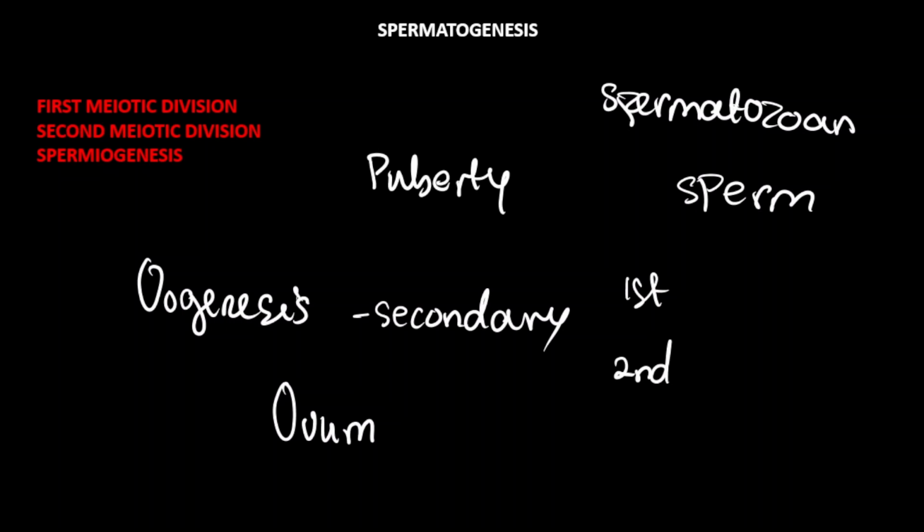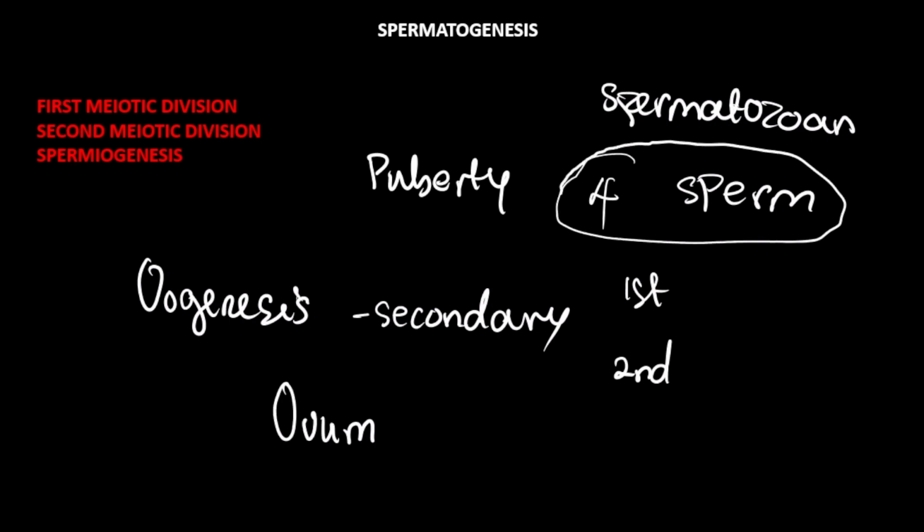However, for spermatogenesis, we have at the end 4 sperms. So each of the processes actually gives rise to a sperm. So unlike in oogenesis where we have just one ovum forming at the end, here we have 4 sperms. Also, we saw that for oogenesis we had a very prolonged prophase 1.